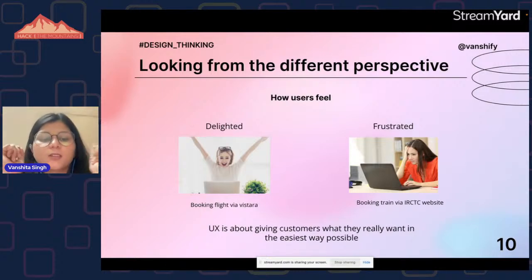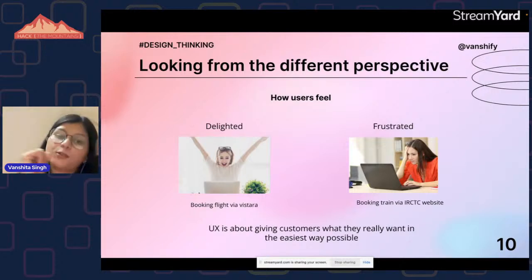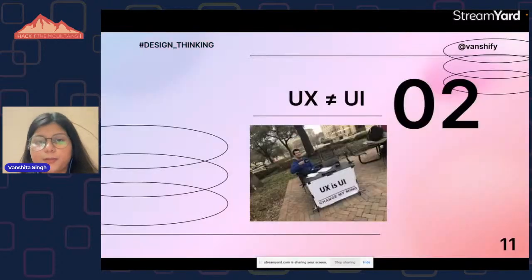So UX is all about giving the user what they want in the easiest and fastest way possible, so that they can reach the result in seconds or minutes. Then they can be happy that they did this work in minutes, and that it takes way less time. I will most probably do this work from this website again. This is called user experience.